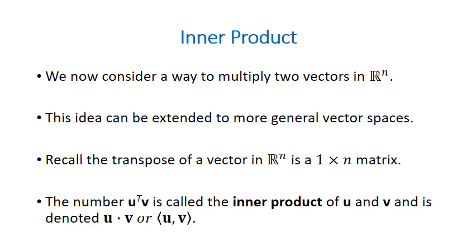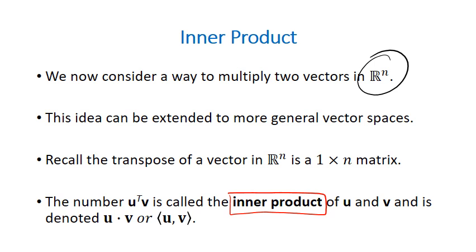As mentioned, we're going to consider a way to multiply two vectors in the space Rn, and this idea is going to be extended to more general vector spaces. Remember, we can transpose a vector. That is needed in the definition of an inner product.